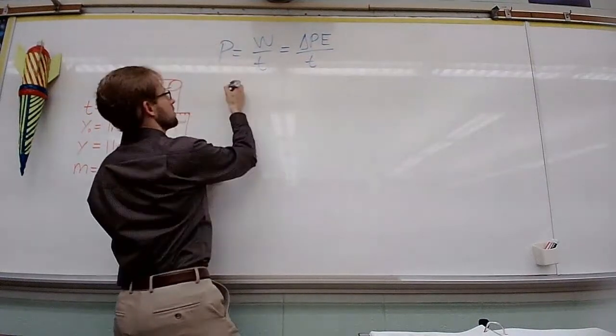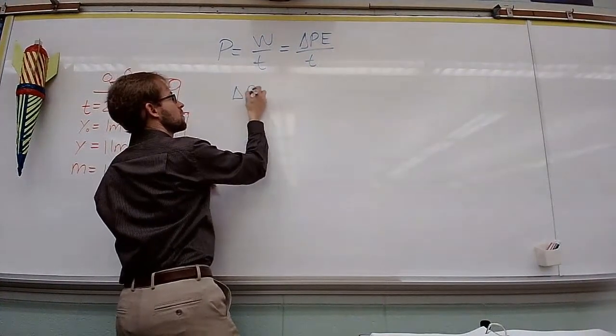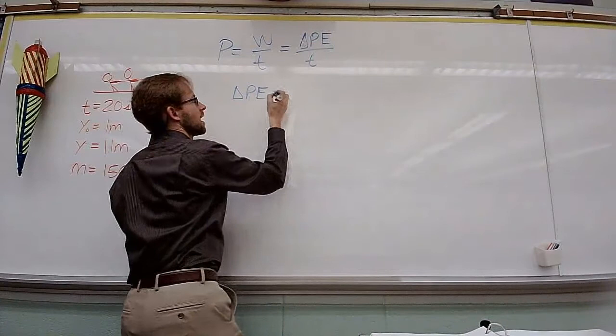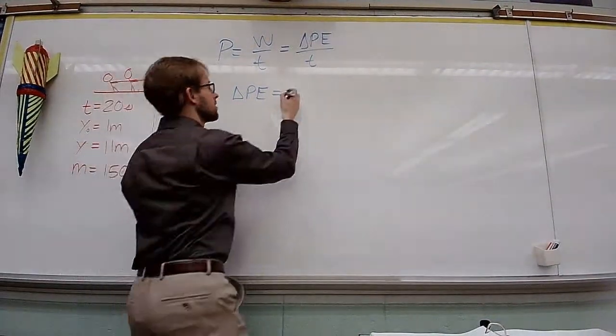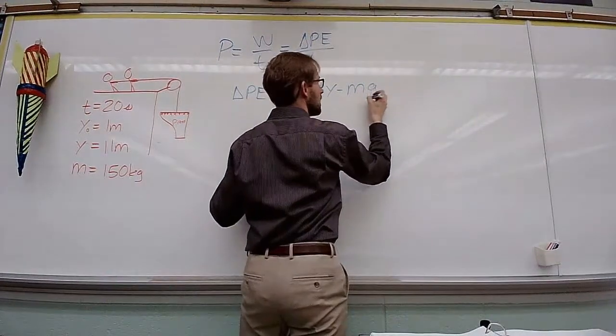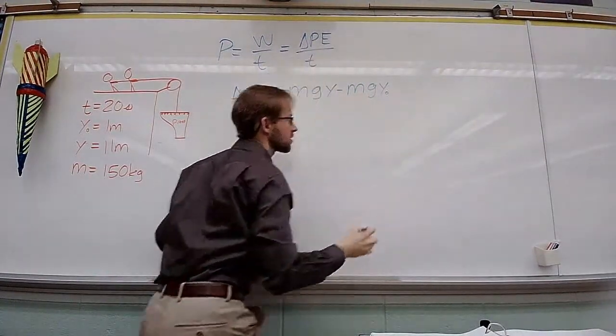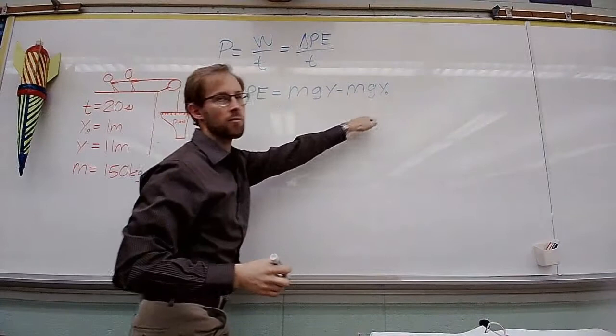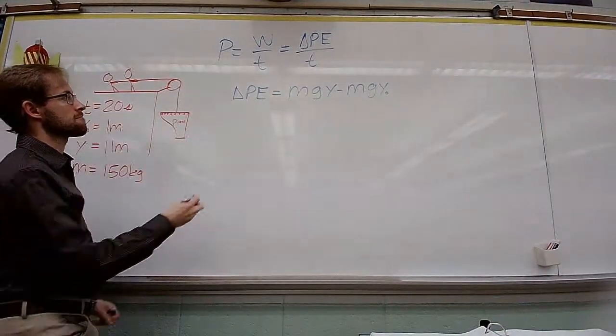So, if I want to solve for my change in potential energy, once again, it's just final minus original. We put the little O next to the original height here, so that you remember that's the starting height.